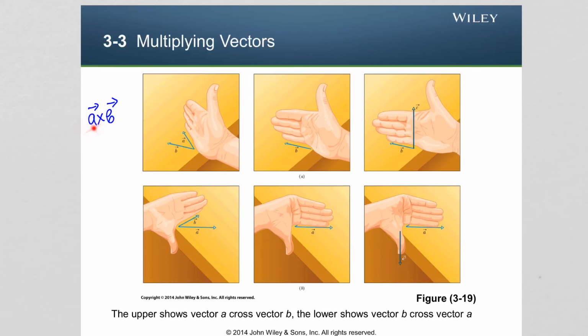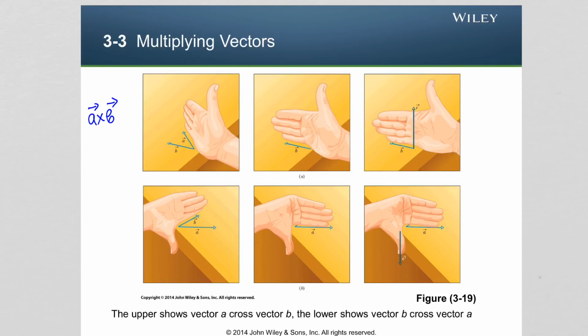So vector A is the first vector in the cross product, B is the second vector. So when using the right-hand rule, you would place the fingers of your right hand in the direction of the first vector in the cross product, so A, and you're going to sweep your fingers towards the direction of B until they line up with B. The thumb of your right hand points in the direction of the resultant vector C.